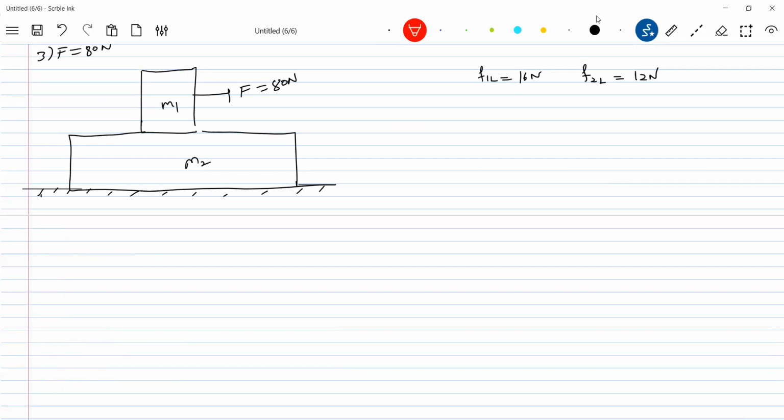Then here I'll assume as usual, like in the previous problem, that no slipping occurs between the blocks. Nothing wrong. You just carry on the problem. Then the acceleration of the system. What is the equation?